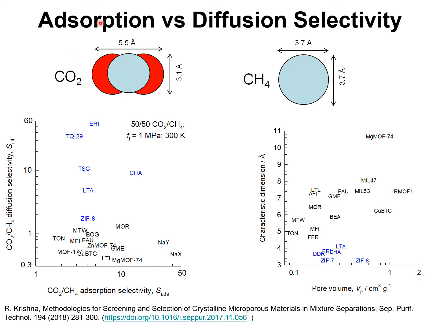But purely on the basis of adsorption and diffusion selectivities, this class of materials, cage window structures with window apertures smaller than about 4 angstrom, are to be preferred.